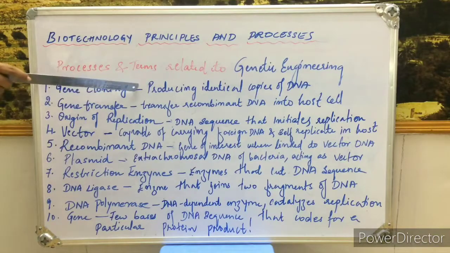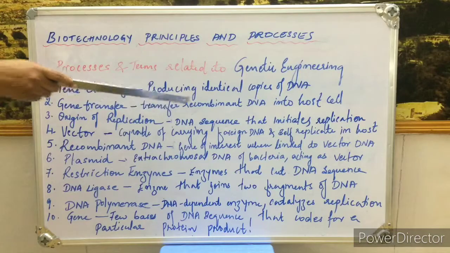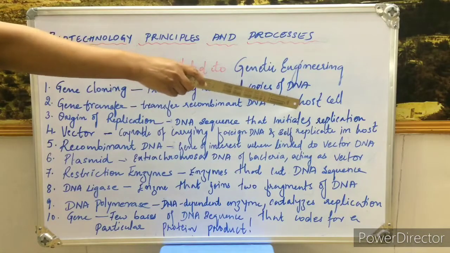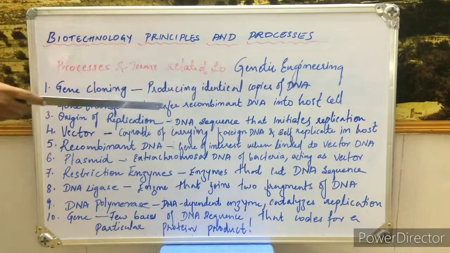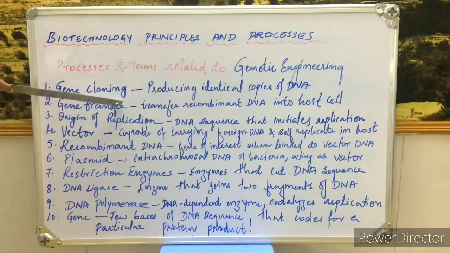Now we have already produced the identical copies of the DNA, that is the gene of interest. Now you should transfer the gene of interest into the required organism, that is known as host cell. In order to do this, the gene has to be transferred through some techniques known as gene transfer techniques.